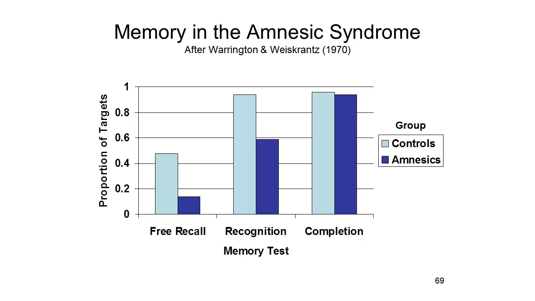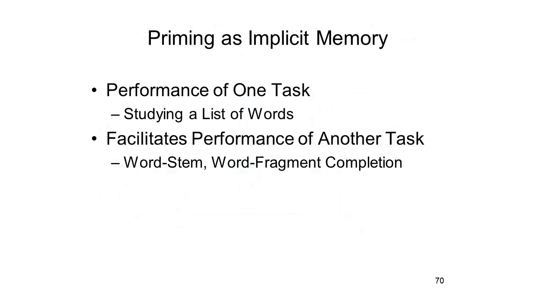But despite the fact that they couldn't recall or recognize the words that they had just studied, they were just as likely as the non-amnesic controls to fill in the blanks with words from the study list. Implicit memory, as expressed in word stem completion and word fragment completion performance, is dissociated from explicit memory, as reflected in recall or recognition. This is a phenomenon known as priming, which is a standard measure of implicit memory.